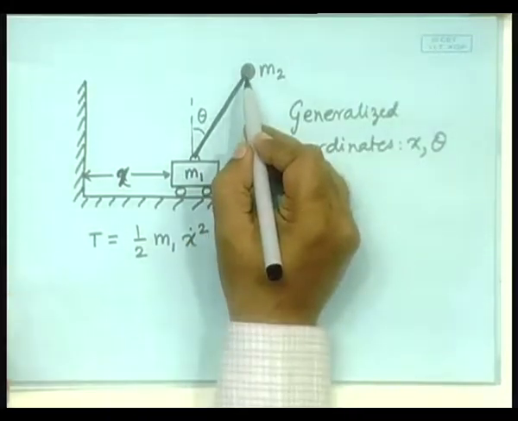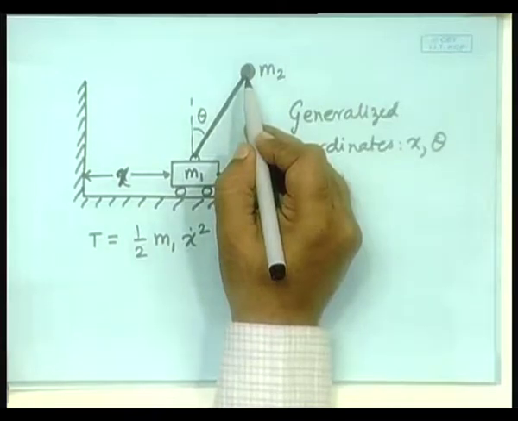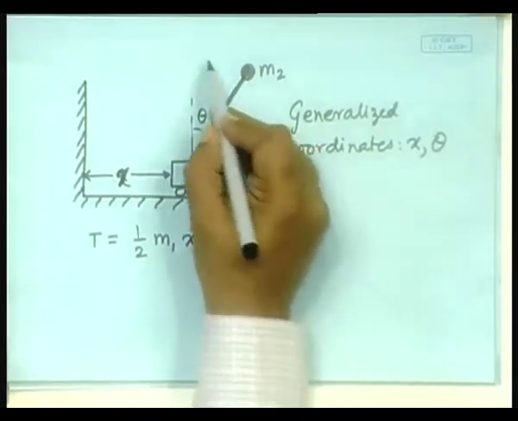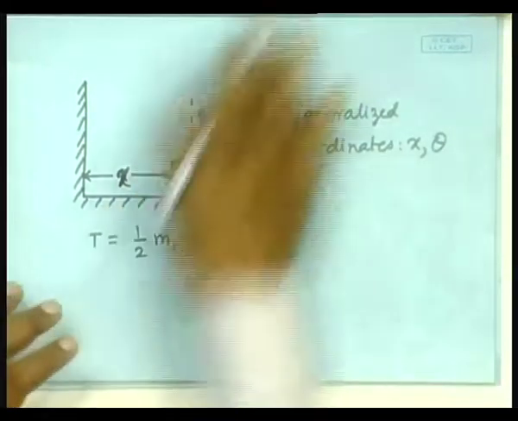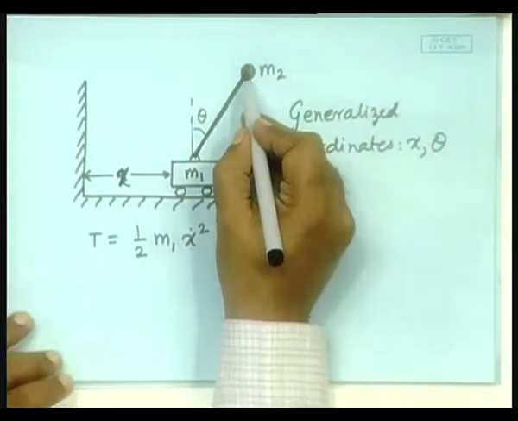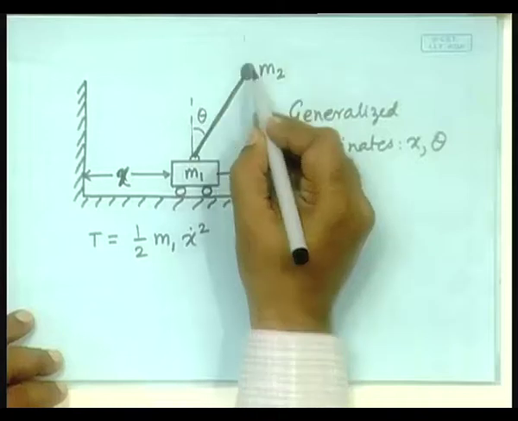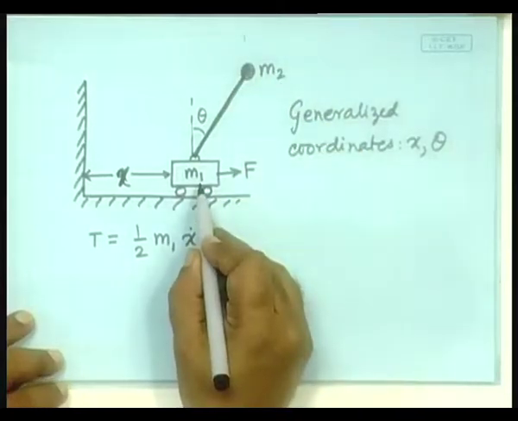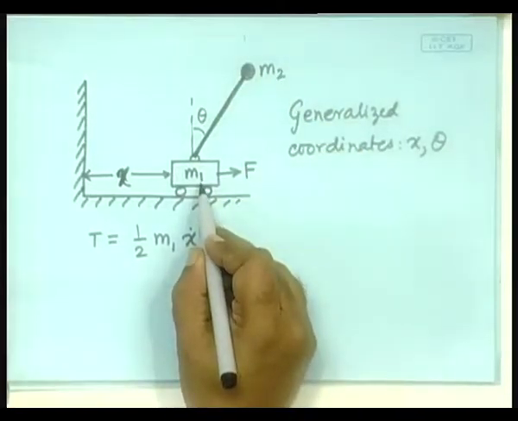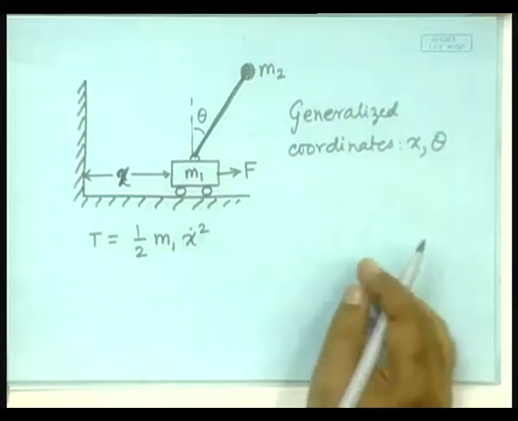For this one, it is a bit complicated because it has a circumferential motion. There is no radial motion, all right, but that circumferential motion has to be broken into two components, x and y, and x has this additional x dot added to it. There are two components really.